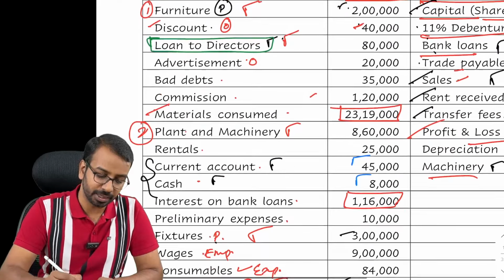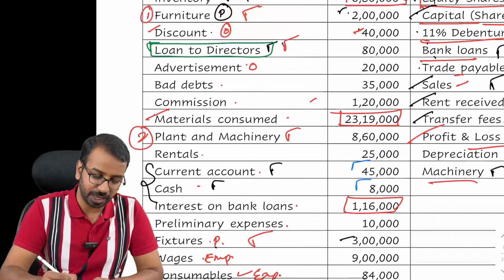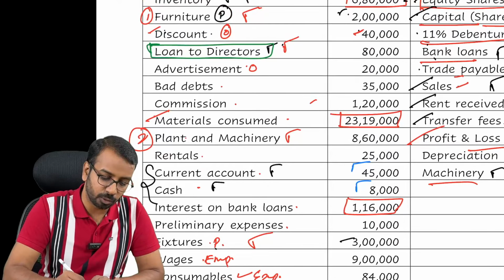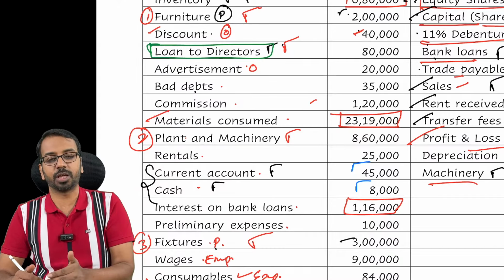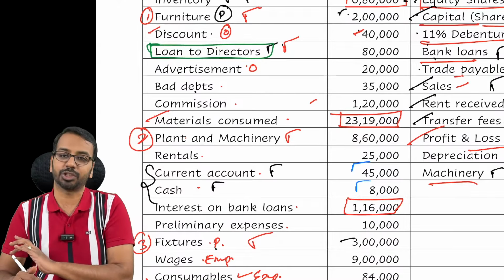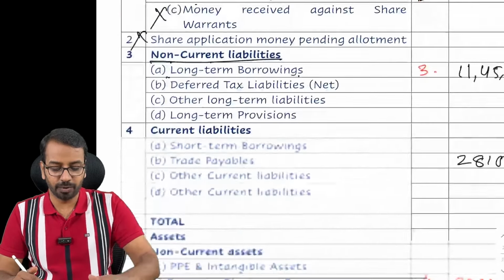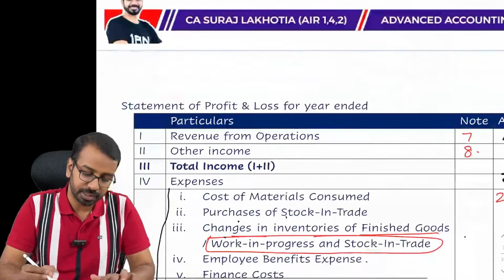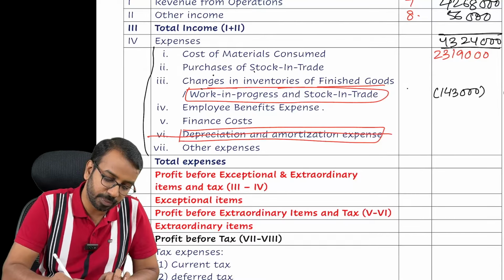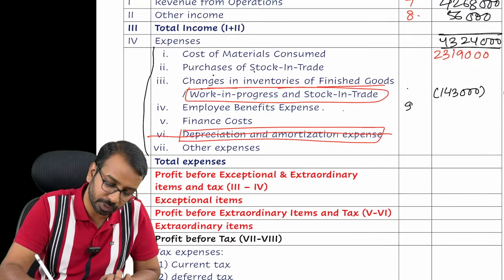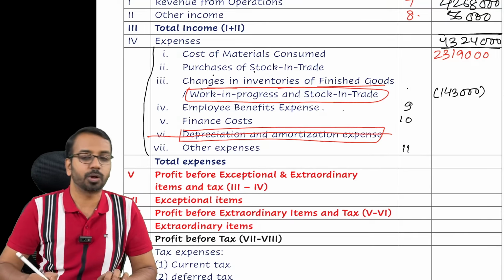Now come to the debit side. Under the debit side, we have multiple items: discount, advertisement, bad debts, commission. For each one of them, as we read through the amount, we will plot them in the respective schedule. So what all do we have? We have employee benefit expenses, which will be note number 9. We have finance cost, note number 10, and other expenses, note number 11.